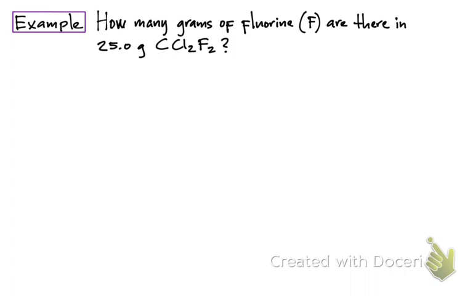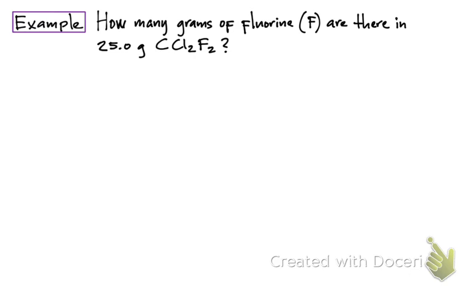So how do we apply this mole ratio concept? Let's look at this example. How many grams of fluorine are there in 25 grams of the dichlorofluorocarbon, CCl2F2? The first thing you want to do here is convert mass in grams to moles of the compound, and then use the mole ratio between the compound and the element fluorine.